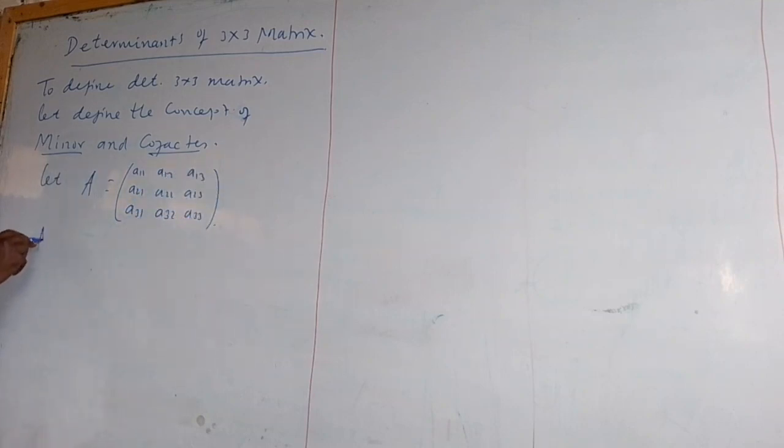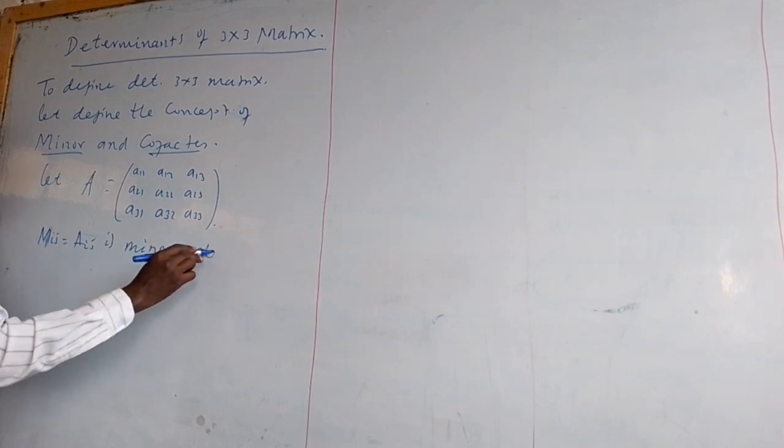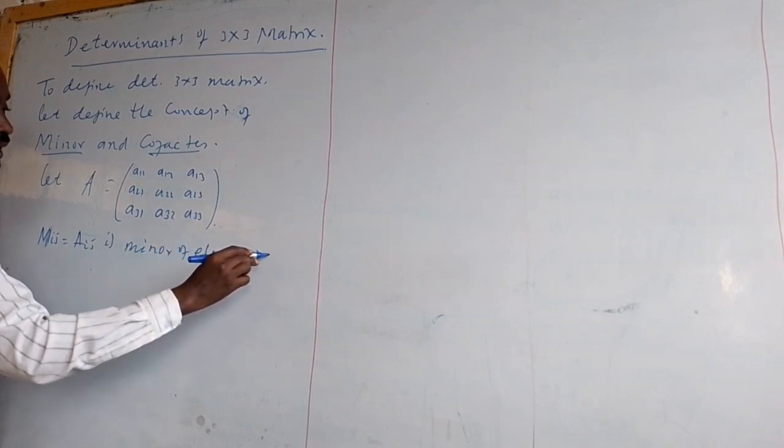Now, Mij of the matrix A is the minor of an element Aij.